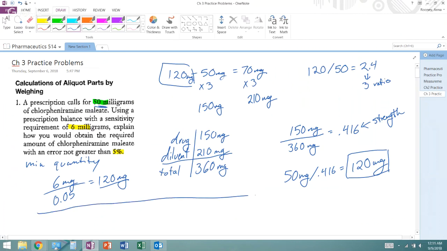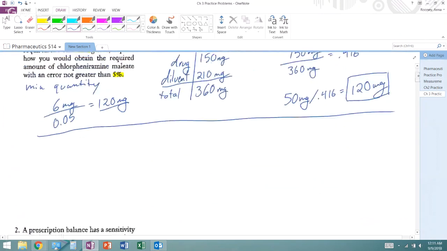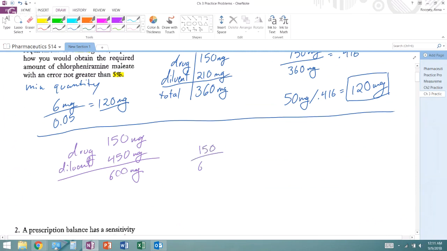So let's look at the answer in the book, how they wanted you to do it. They had, for them, drug was 150. Okay, so that was the same as us. And then their diluent was 450, which is almost twice as much. So their total was 600 milligrams. And so if you find the percent strength of that aliquot is 0.25.